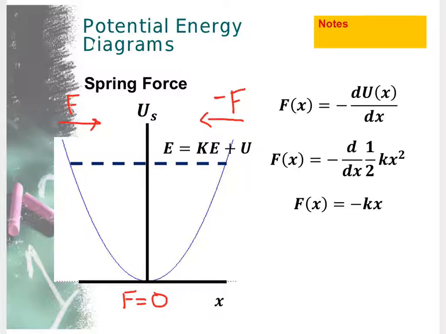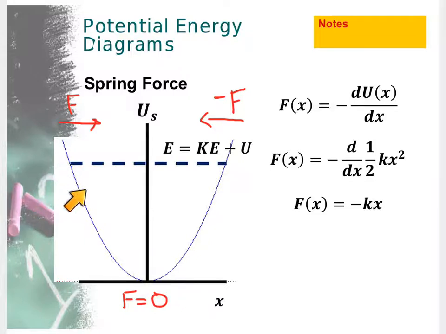So our potential energy diagram can tell us something about the motion of a mass that has this much total energy, as long as we recognize that it has to stay between here and here, because the total energy cannot be greater than the potential energy. And we also recognize that the slope of the potential energy gives us the force, and that force is always pointing in the direction toward lower potential energy, opposite the slope.